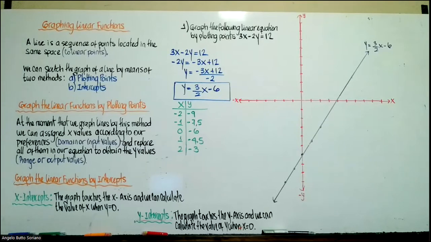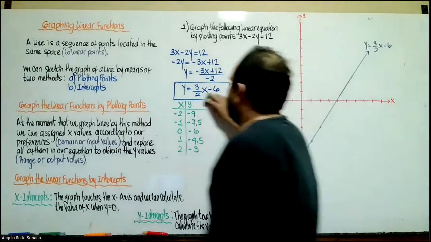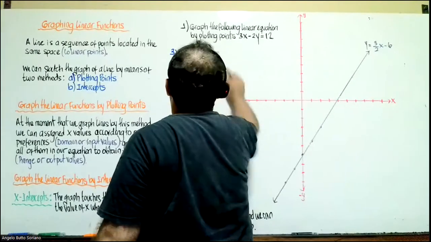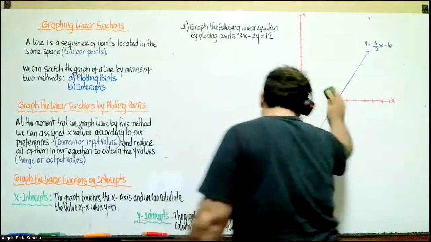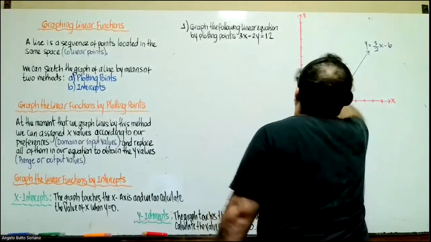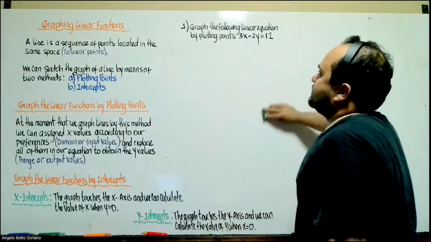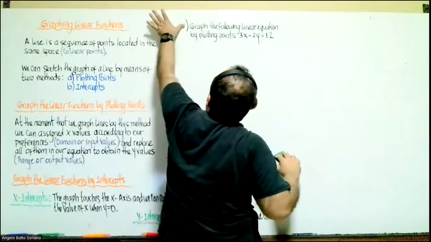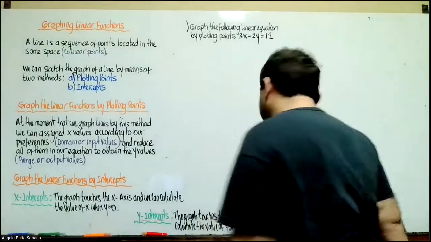Let's perform another example. I'm going to erase the whiteboard once again, and instead of number 1, I'm going to change it to number 2, with the same instructions. Once again, problem number 2.